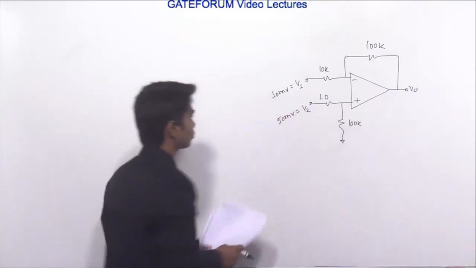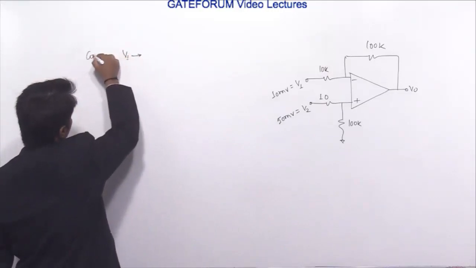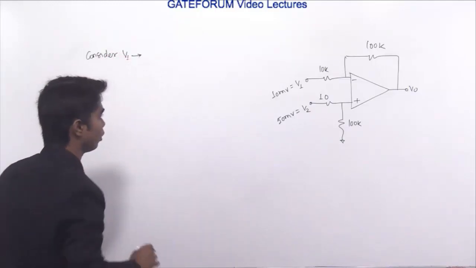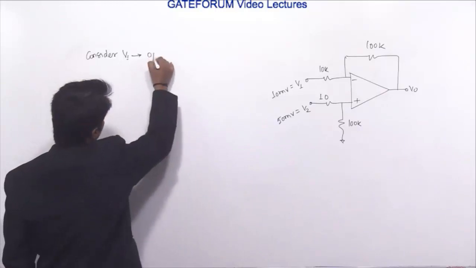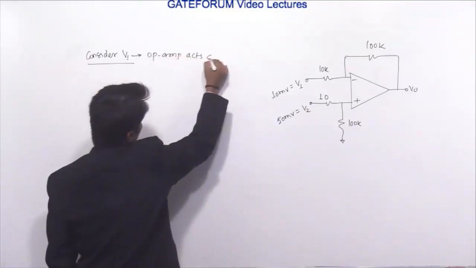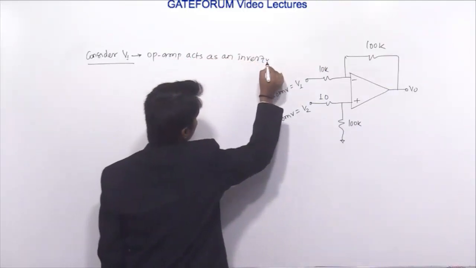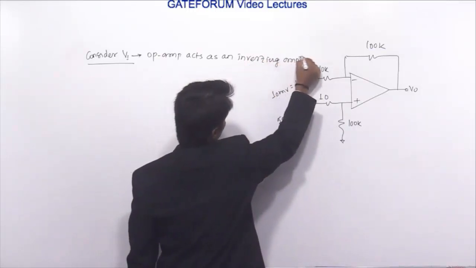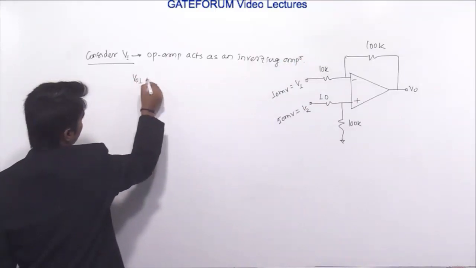Now see, when we consider V1, the op-amp acts as an inverting amplifier. Let's say the output is VO1.